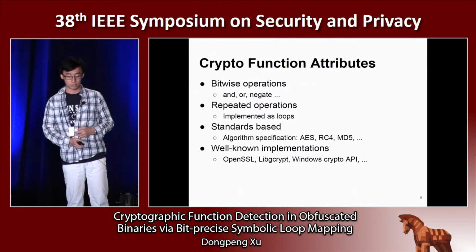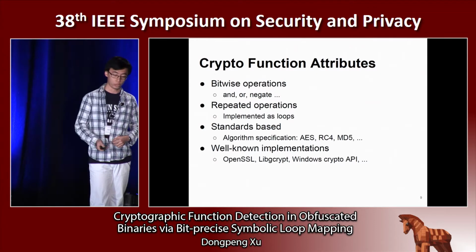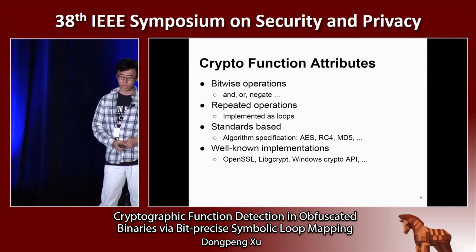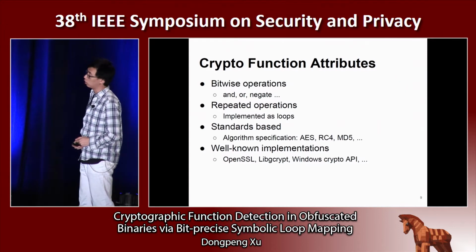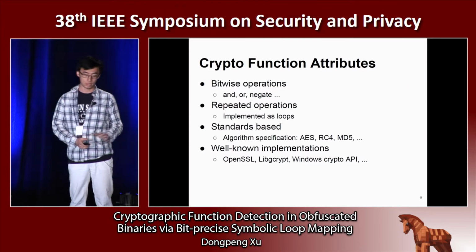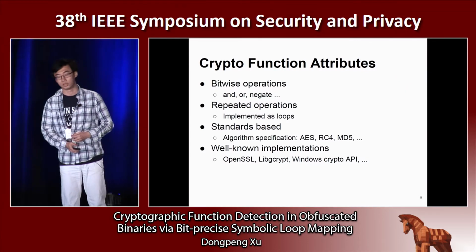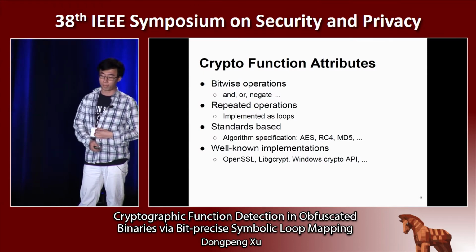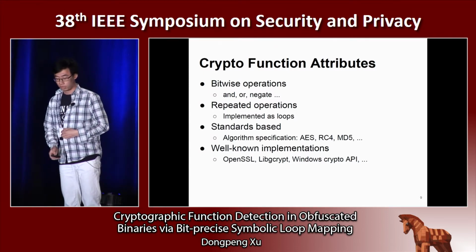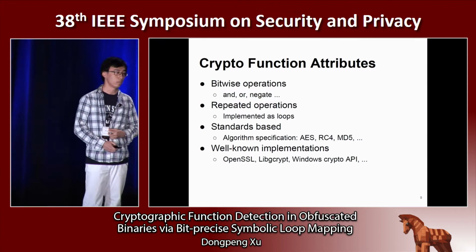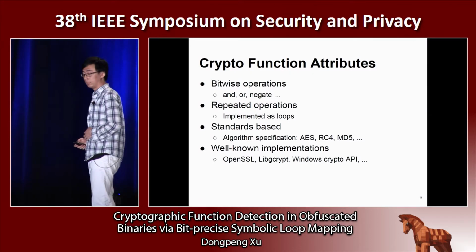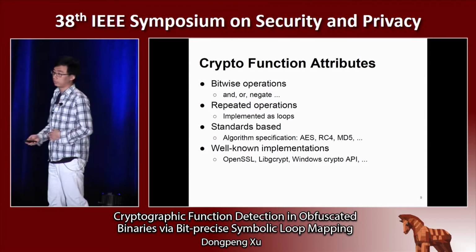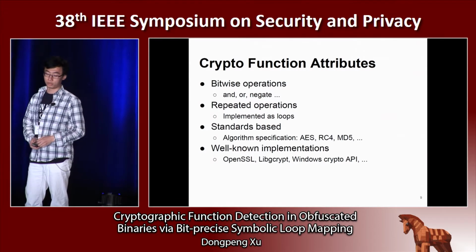Usually, they are implemented as several loop structures. The third is that crypto functions are usually standard-based; there is a very detailed algorithm specification for a given crypto function. And at last, they usually have lots of well-known reference implementations, such as open source libraries.